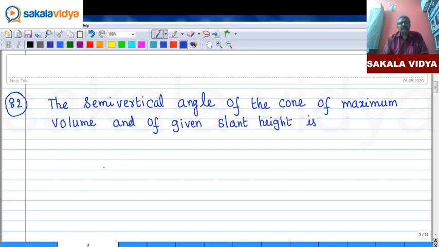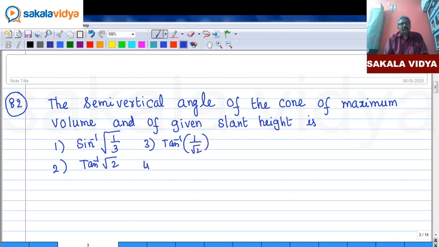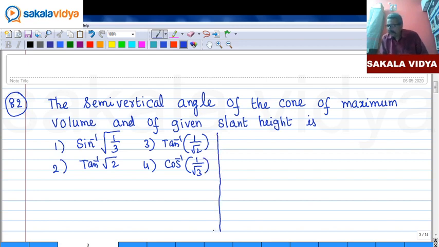First option: sine inverse root of 1 by 3, second option: tan inverse root 2, third option: tan inverse 1 by root 2, fourth one: cos inverse 1 by root 3. Okay, this is the question.